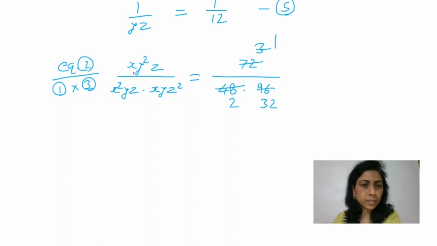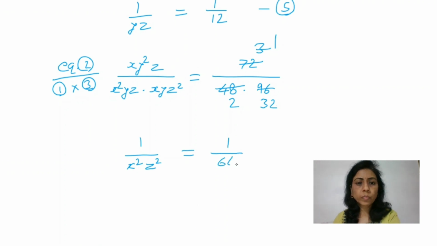Here x cancelled with x, we get 1 upon x square. Y and this y square cancelled with y square, z cancel, left z square. Okay, and in numerator just left 1. All these things cancelled. Here 1 upon 2 times 32, 64.